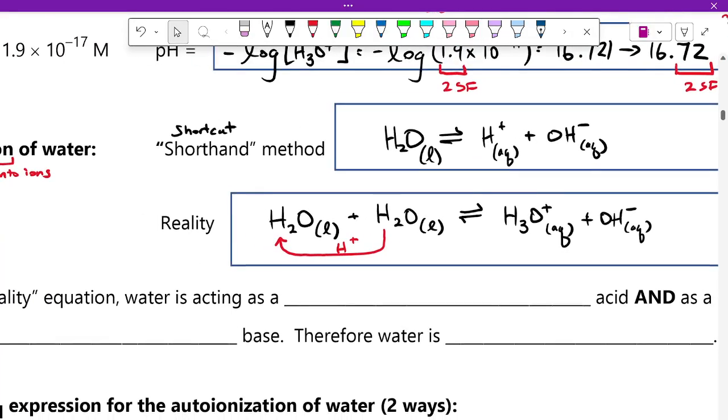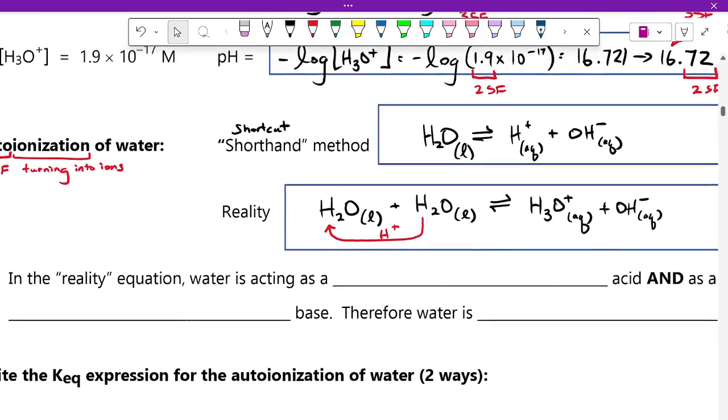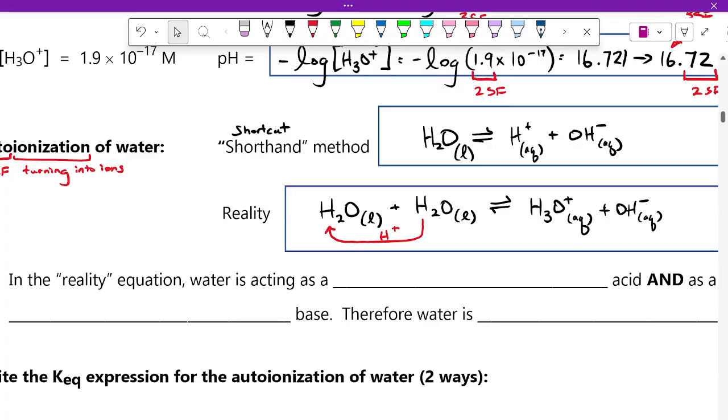Now, in this equation, we're going to learn a new word here. In this in-reality equation, we have water acting as a, and here's our new word, Bronsted-Lowry acid. Okay? A Bronsted-Lowry acid is a substance that donates an H plus to another species.